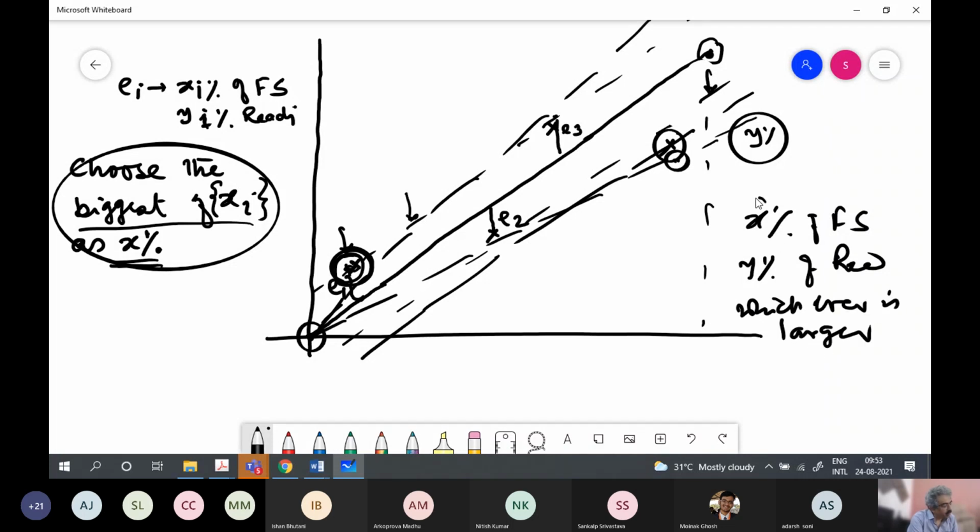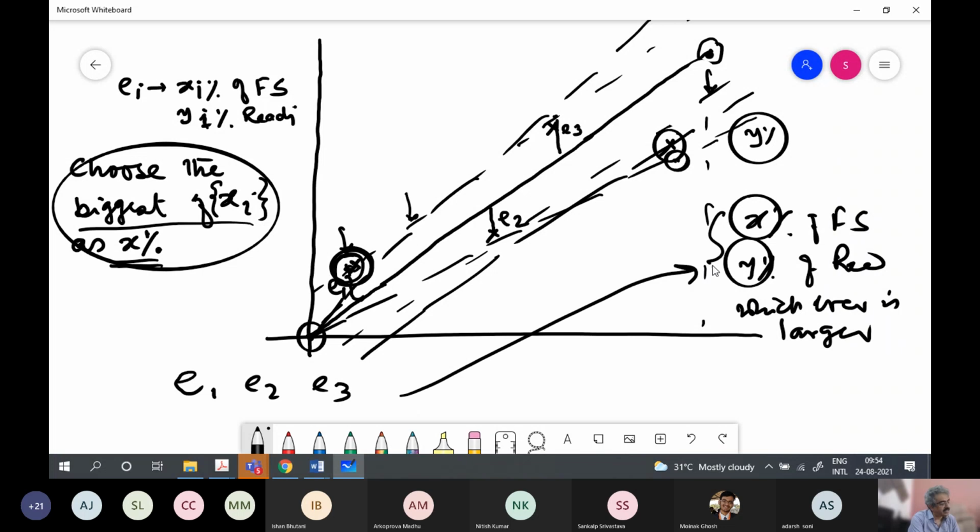Come up with the smallest possible values of X and Y, such that every error, E1, E2, E3, all these errors, satisfy this specification. So the idea is to have the smallest possible values of X and Y, because if we increase X and Y, it is very easy to satisfy E1, E2, E3, but then the instrument looks very bad.